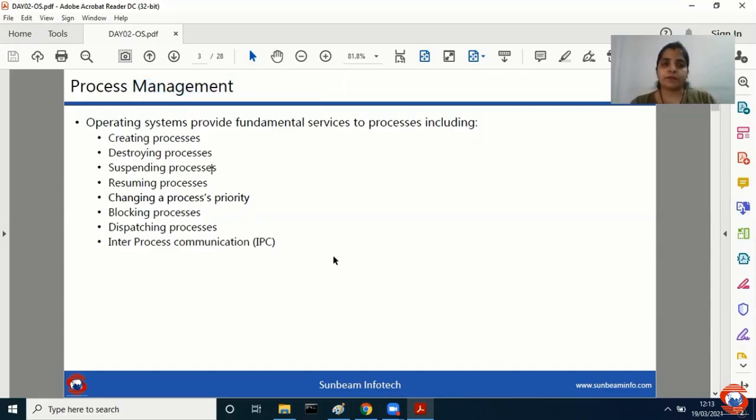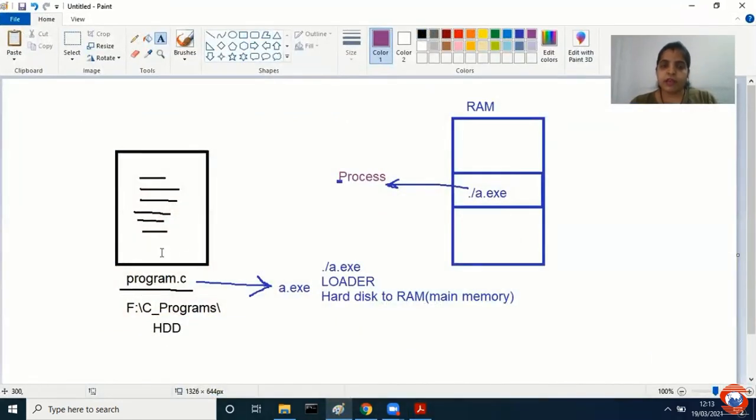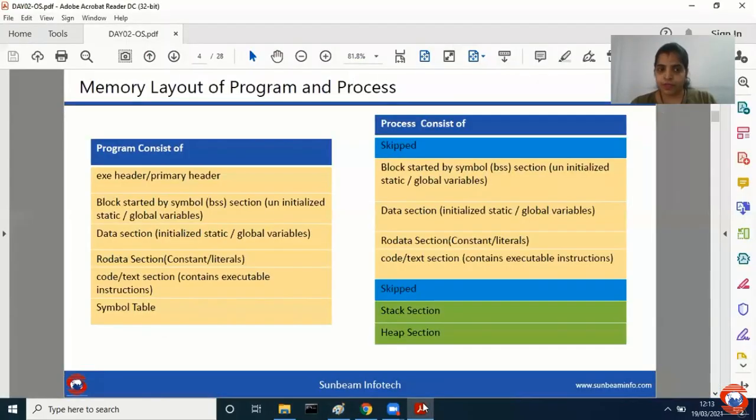Right now, for example, when you talk about the memory layout of a program and the process, in this example, we have created a program.c. As soon as I create program.c, my operating system gives me some block of information, where I will have the exe header or primary header.